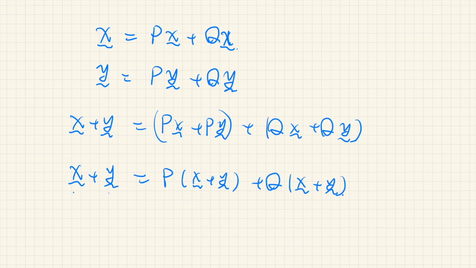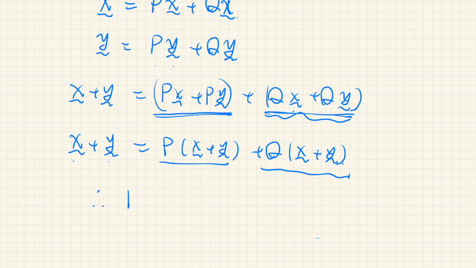Okay, but the decomposition is unique. And remember, Px and Py both belong to M, and Qx and Qy belong to M complement. Since M and M complement are both subspaces, this sum is also in that same subspace, so M and M complement respectively. So by the uniqueness of decomposition, this is equal to this, and this is equal to this.